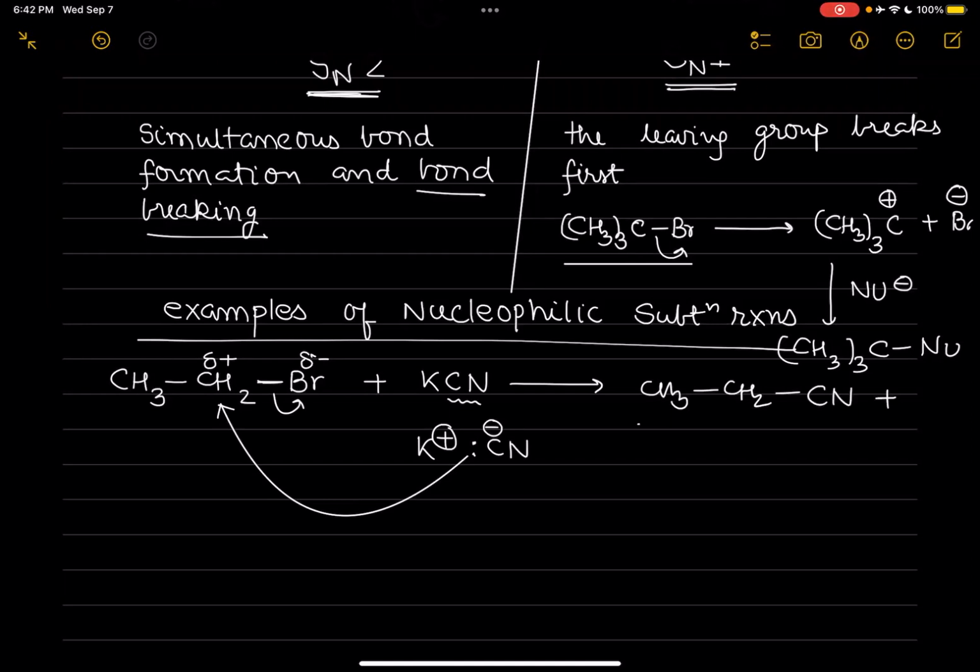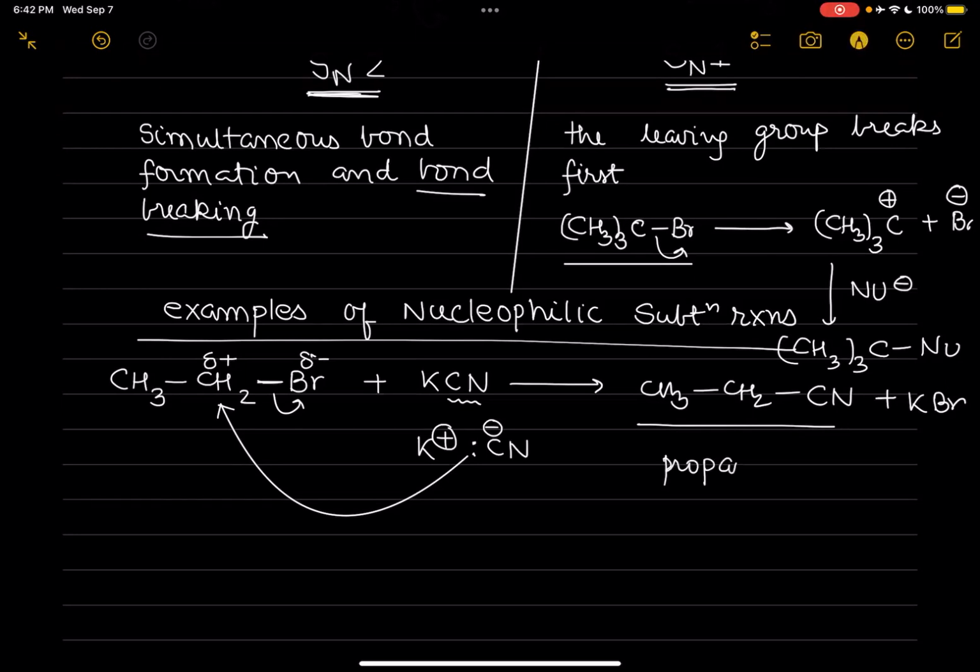Br minus comes out with the electron pair because its bond is weaker. And what's the IUPAC name of this? Any idea, Anushka? What is the IUPAC name? How many carbon are there? 3 carbon atoms.